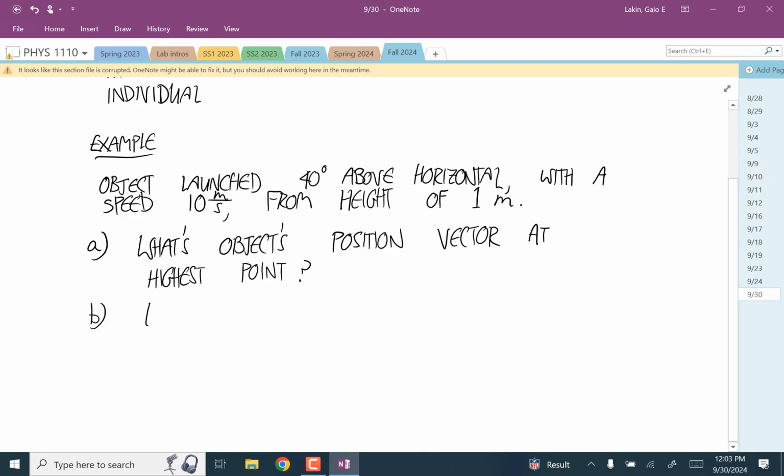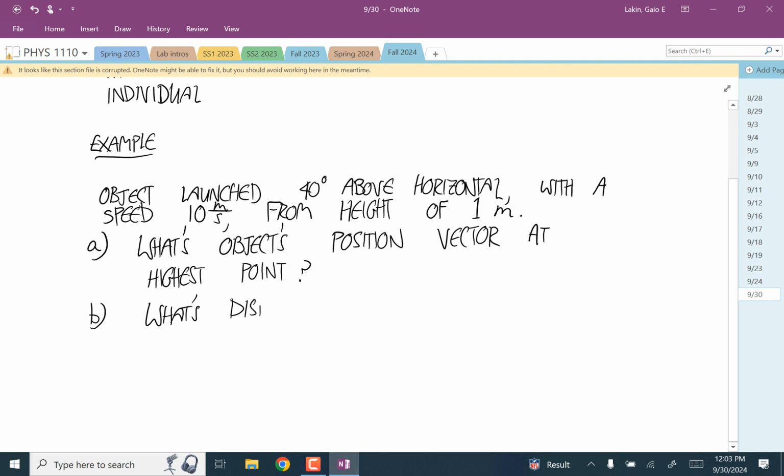And then second, what's the displacement from where it's released to its highest point? Actually, I'm sort of wording this backwards.